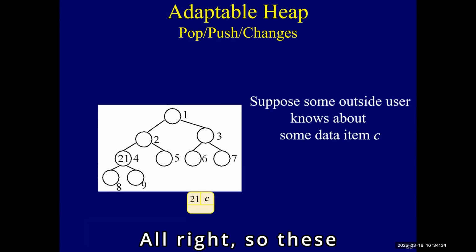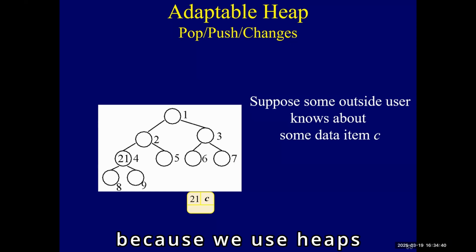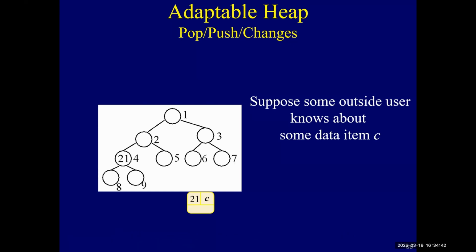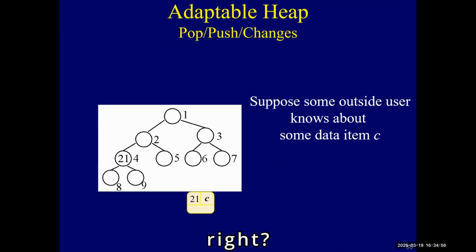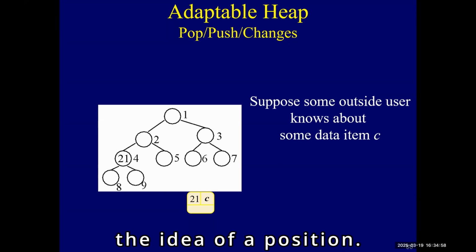All right, so these slides I teach in the 3101 class because we use heaps at some point. So what are we doing here? This box over here with the heap is a data structure that we're accessing. And remember, we had the idea of a position.